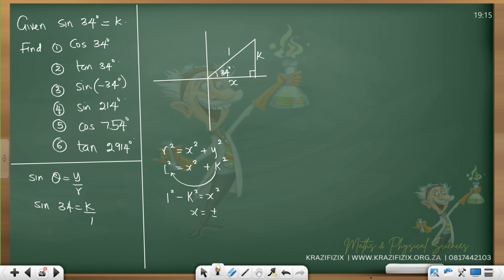What is X? Plus or minus? I told you when you put square root, you must add plus or minus. Then you go back to your diagram. It's on the positive side. So I'm going to now choose positive.